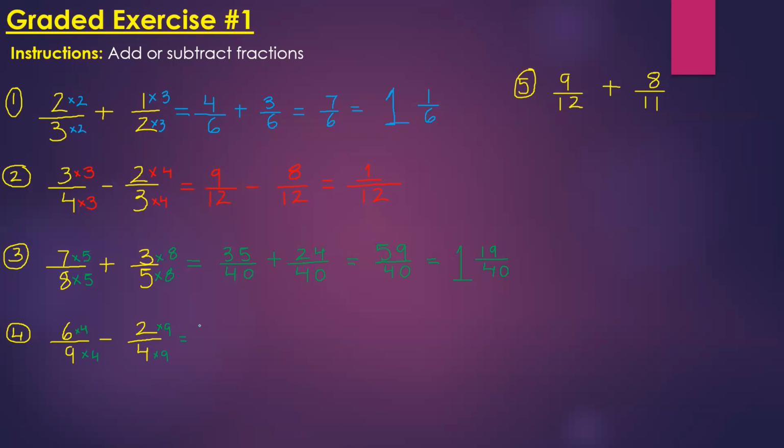Especially you. So this is going to be what? 24 over what? 36. Minus what? 18 over 36. And what do you do after that?